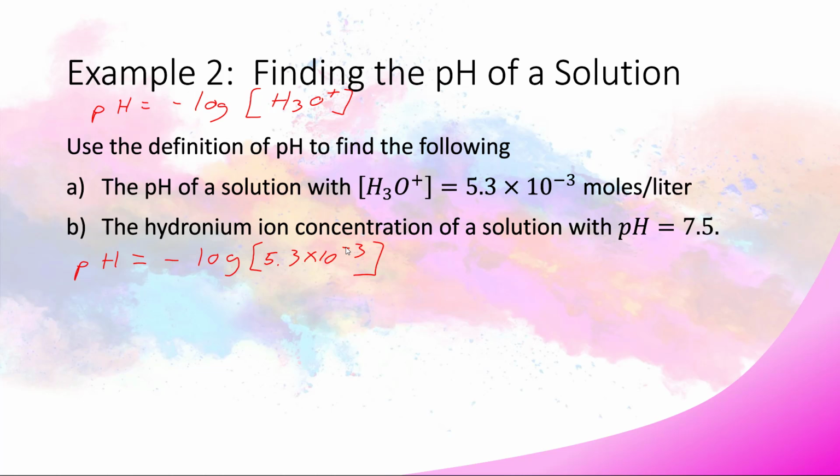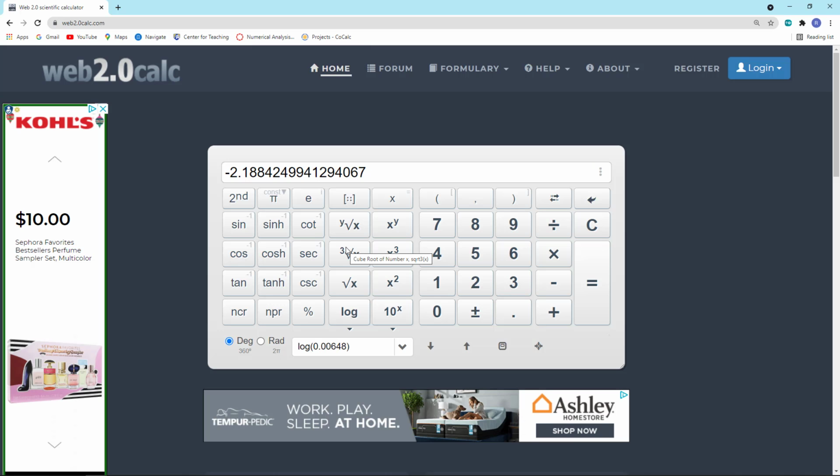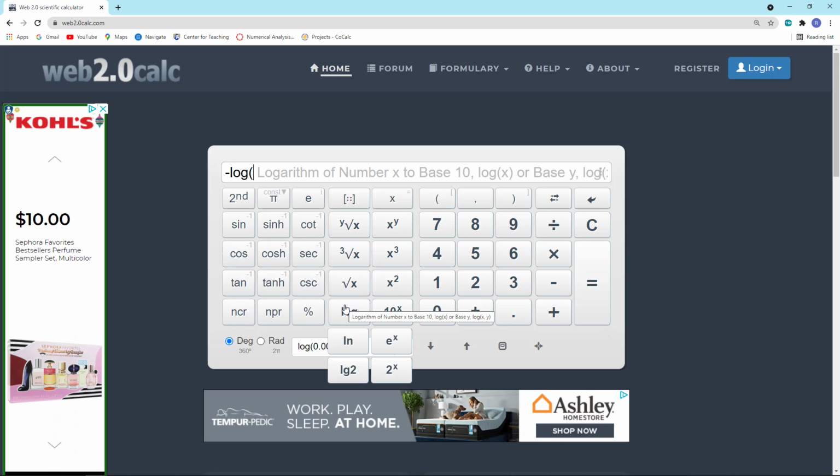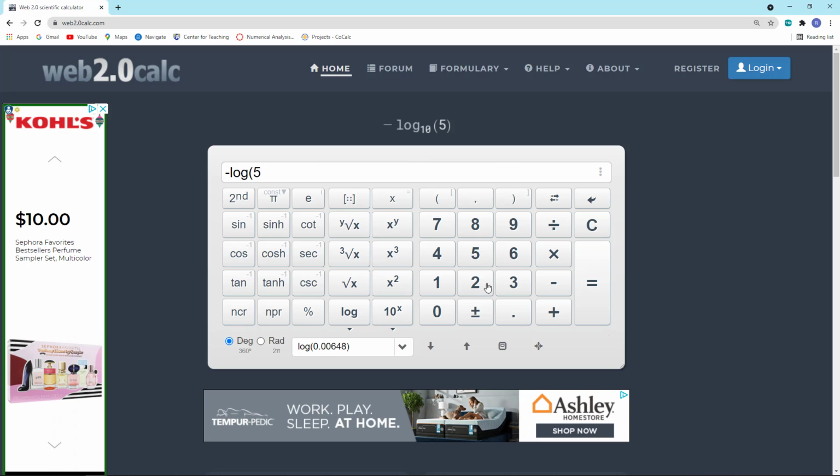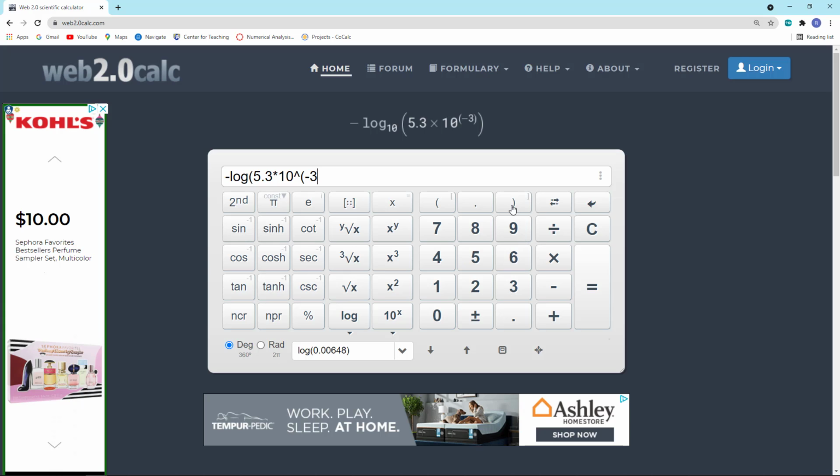So we're going to go to our handy dandy calculator. We're going to clear, and then I'll do the minus sign, common log, there it is, and then 5.3 times, and then I'm going to use this function right here, 10 to the negative 3 power. Close parenthesis for that, close parenthesis for the log, and my answer is going to be 2.27 and everything else.